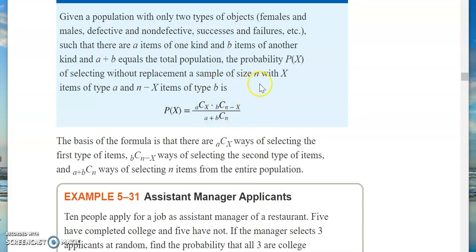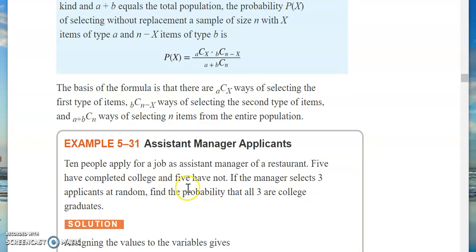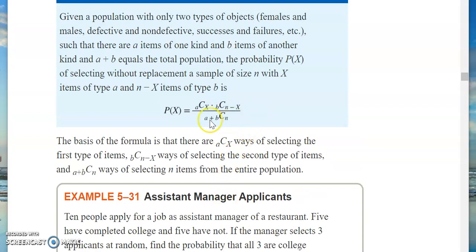So that's this business right here, X items of type A. So it's 3 applicants of type A being the college graduates, and n minus X, that would be 10 subtract 3 that are not college graduates. Okay, so that's where the n subtract X comes in of type B.